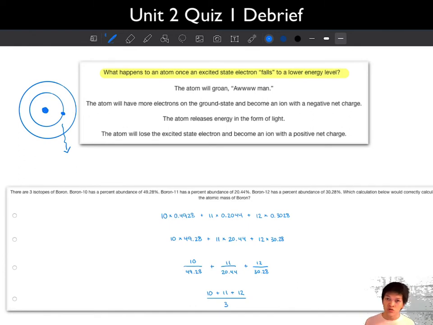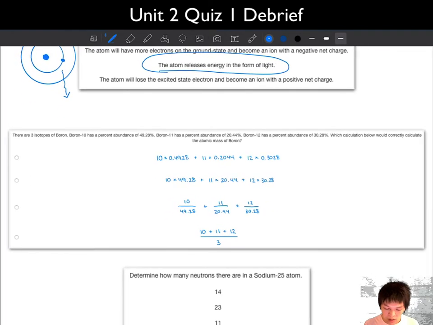And then the opposite is true. When the electron falls to a lower energy level, it releases that energy, and it's released in the form of light. Okay? It's really one or the other. It absorbs energy or it loses energy. So it would be this one right here. The atom releases energy in the form of light. Okay, next question.